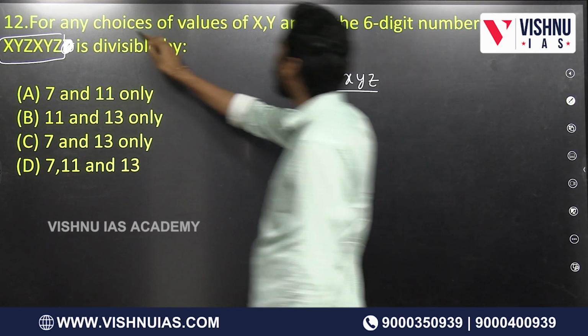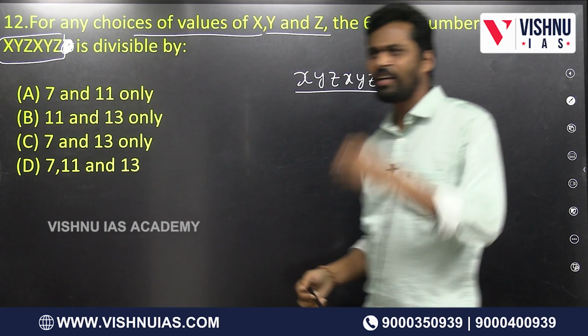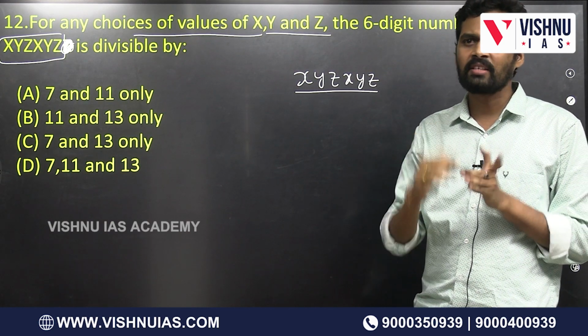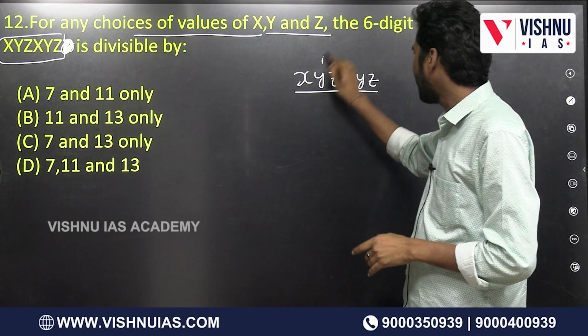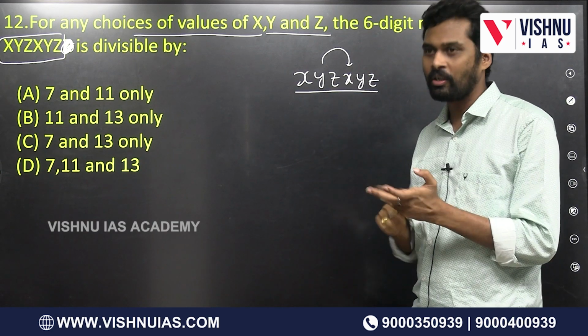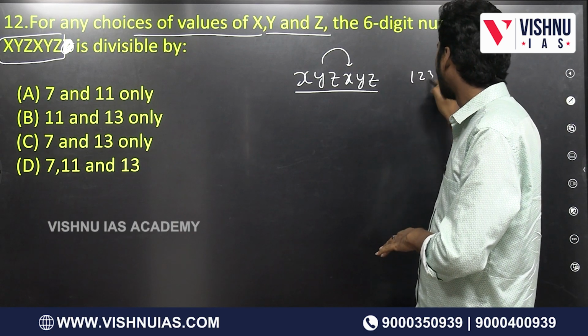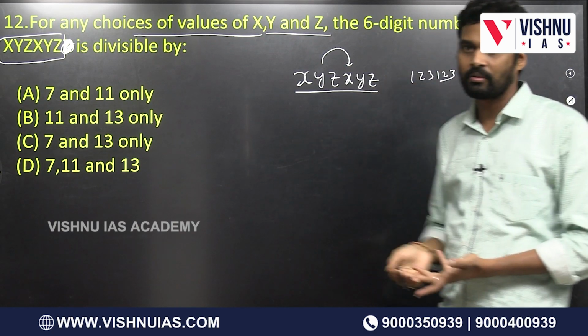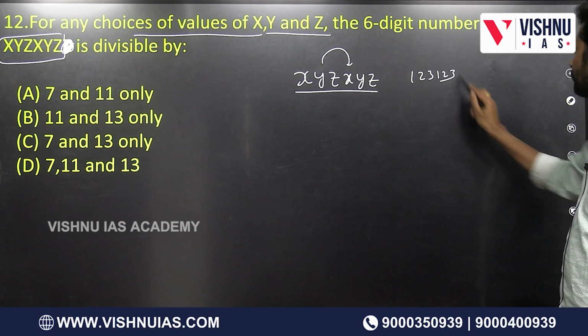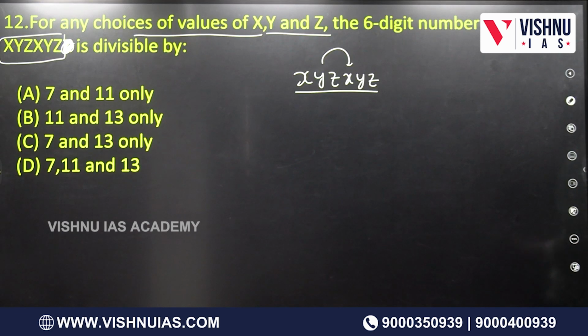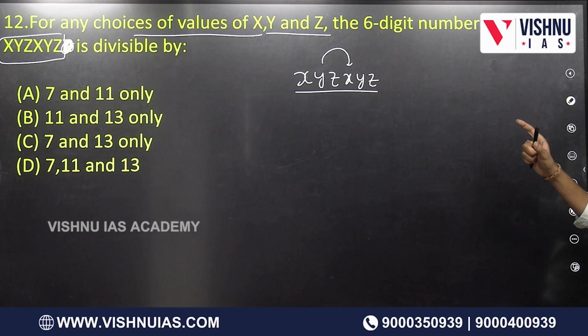For any choice of values of XYZ, you can take any values. Suppose you take 1, 2, 3 for XYZ, and again it is repeated: 1, 2, 3, 1, 2, 3. So it is divisible by which numbers? That's what the problem is. Do you understand the problem? There is a number in the form XYZXYZ, you can take any values for XYZ, and that number is obviously divisible by which of the following numbers?